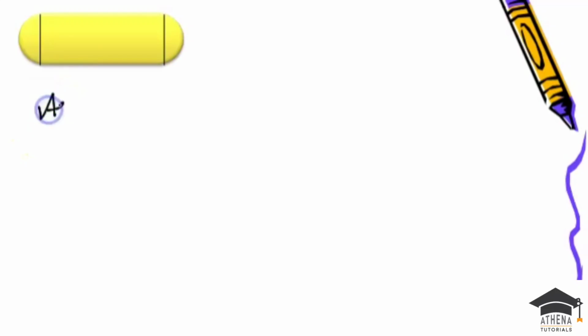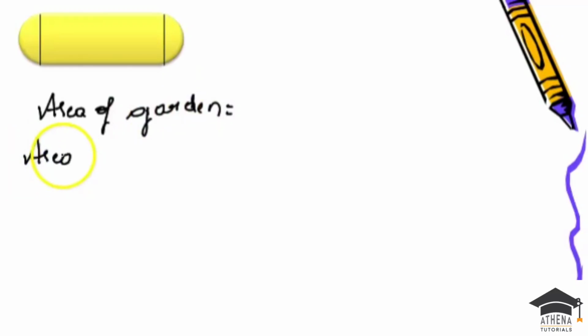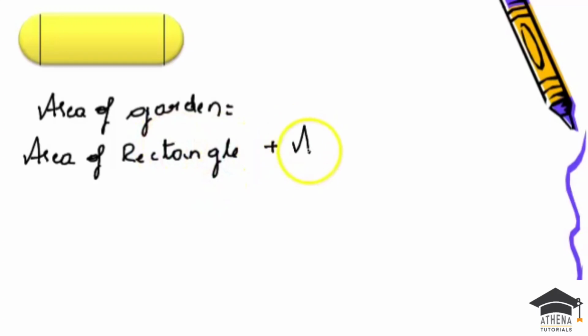Area of garden is equal to area of rectangle plus area of two semicircle.